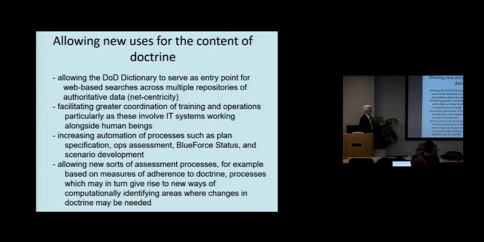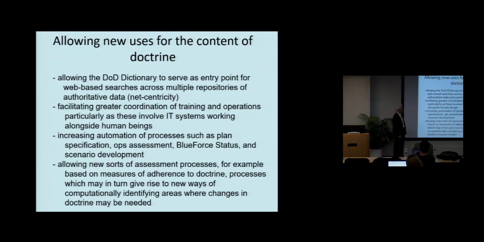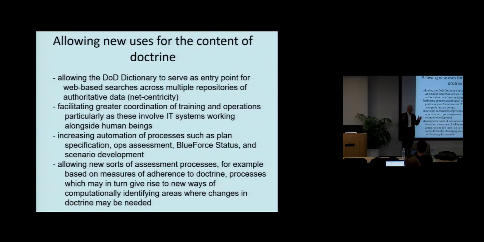And then we get thereby increased automation of things like plan specification, assessment of operations and so forth. And we can allow entirely new sorts of assessment. We can use the ontology as part of a framework for testing the degree to which given plans are conformant to doctrine.